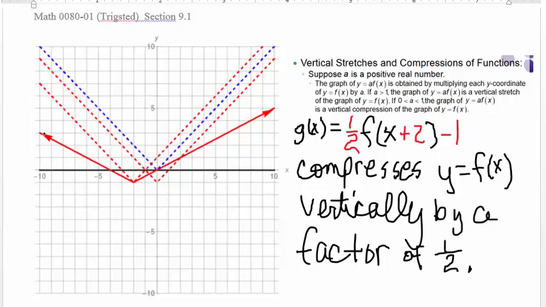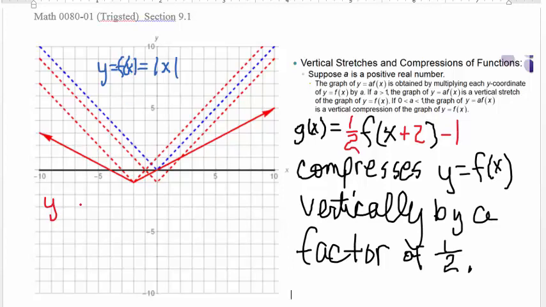So notice how this graph is actually wider than the one we started with. The blue graph is the graph of y equal absolute value of x. And notice we end up with the red graph where y equal f of x, which equals the absolute value of x.